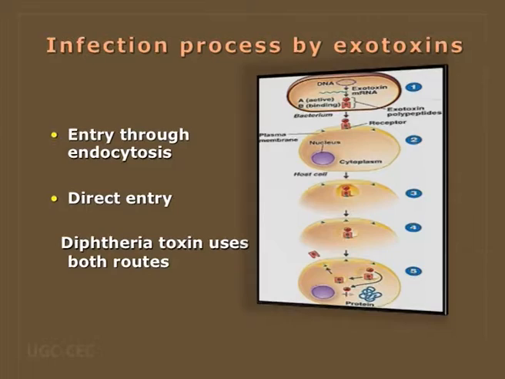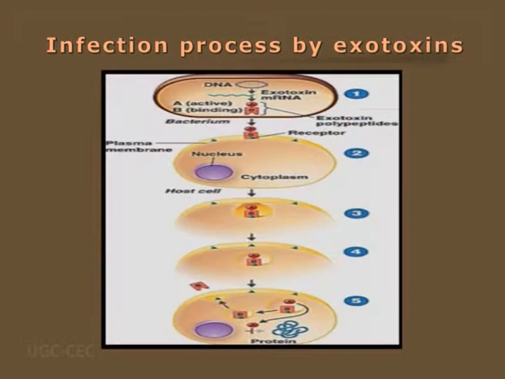The first route is entry through receptor-mediated endocytosis. As you are seeing in the figure, once the microorganism comes in contact with the host which it is going to infect, it releases the toxin. This toxin attaches to the receptors. Now the receptors are internalized by receptor-mediated endocytosis.